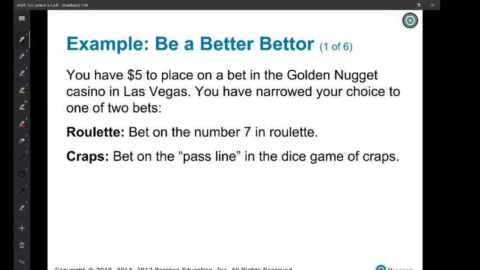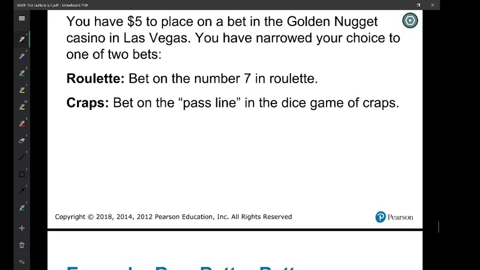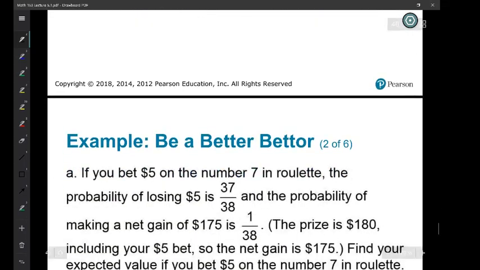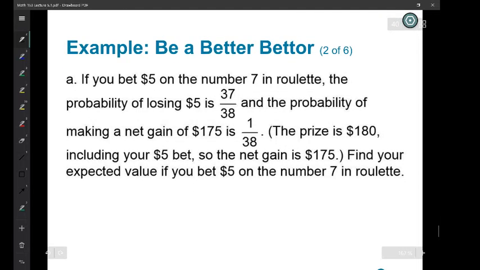So here's a gambling example. Suppose you have $5 to place on a bet at a casino. For roulette, the bet you're going with is to bet on 7. For craps, you're going to bet on the pass line. We'll have the various odds down here.